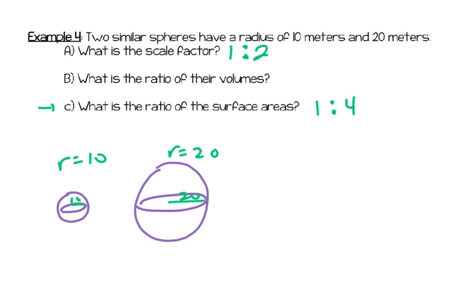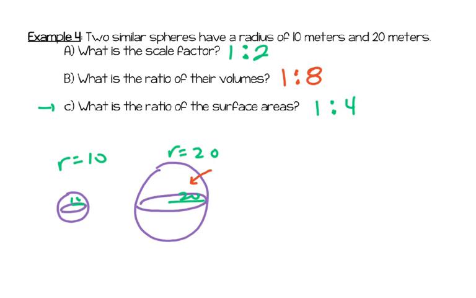The ratio of the volume, so how much will it take to fill each sphere? Like if you were going to fill each one with water, is it just going to take twice as much water to do the bigger one? Remember, you're going to take the scale factor and you're going to cube. So 1 to the third power and 2 to the third power. So it's actually going to take 8 times more water to fill that larger sphere, even though the radius is just twice as big.